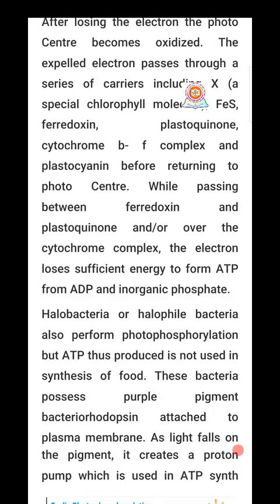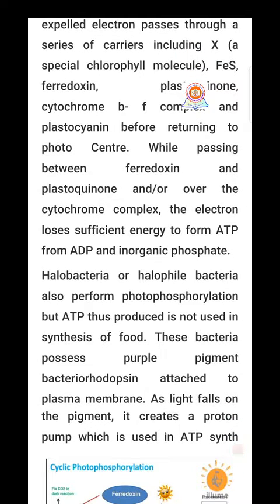The electron loses sufficient energy from carrier to carrier, and by losing energy, ATP is formed from ADP and inorganic phosphate. By using ADP and inorganic phosphate, ATP is formed.